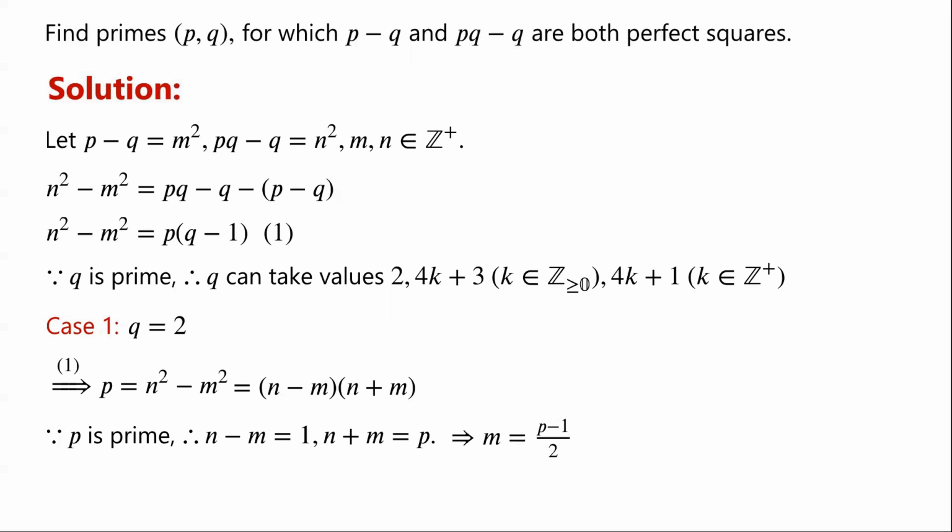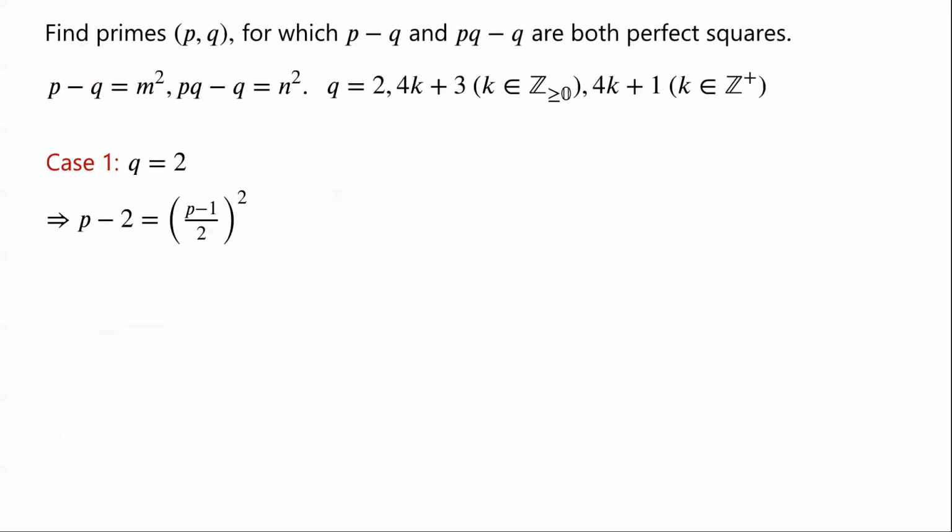As p minus q equals m squared, p minus 2 equals ((p minus 1) over 2) all squared. Multiply the equation by 4, we have 4p minus 8 equals p squared minus 2p plus 1. So p squared minus 6p plus 9 equals 0. That is, (p minus 3) all squared equals 0.